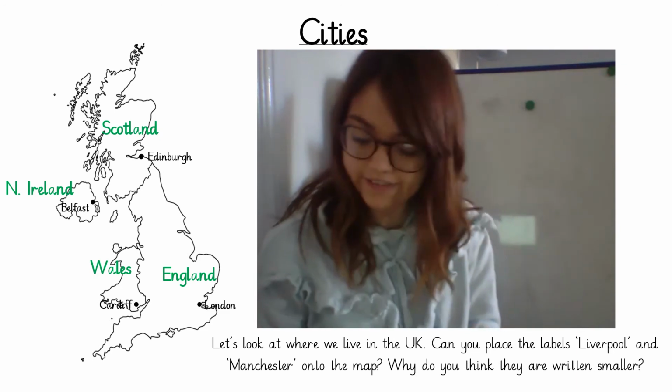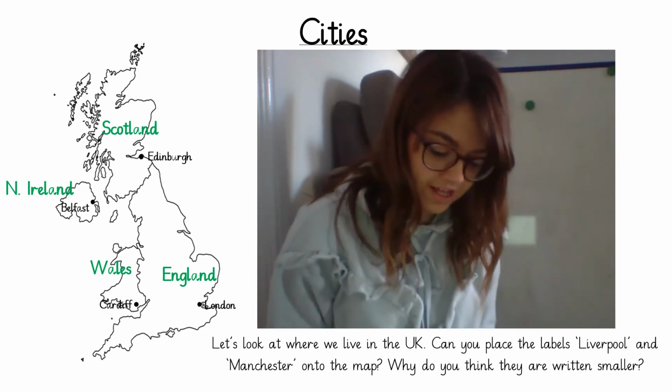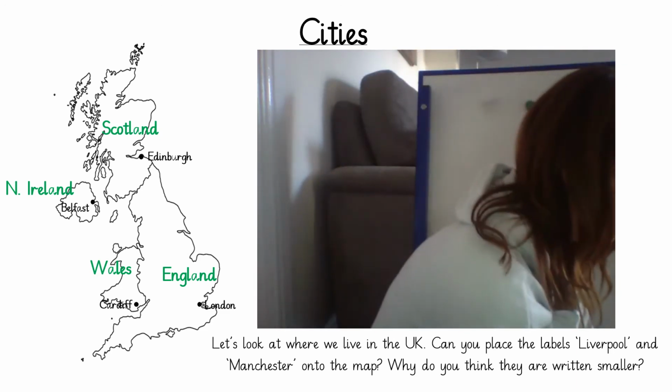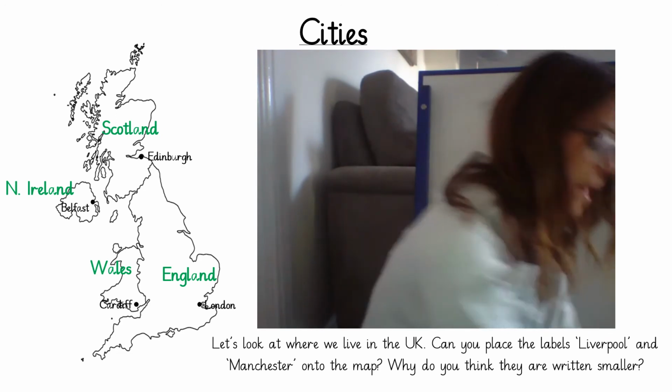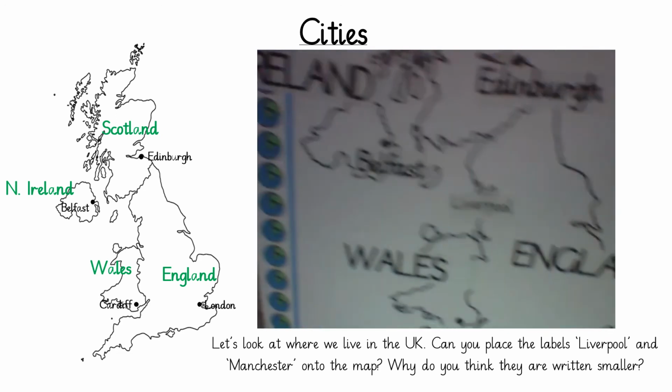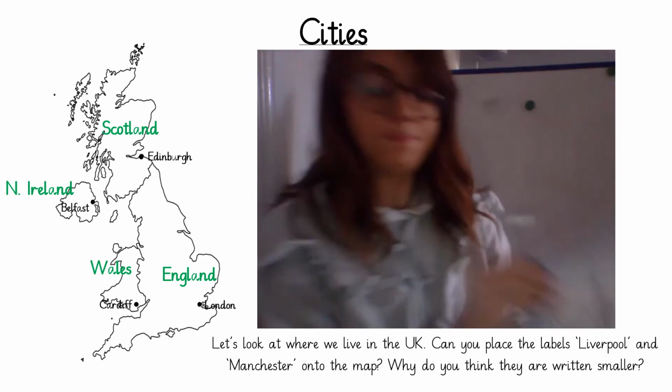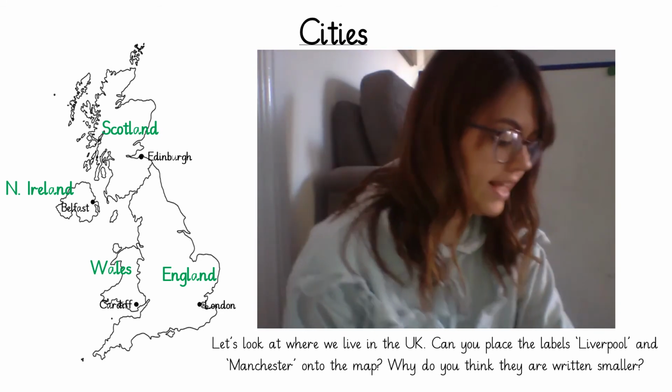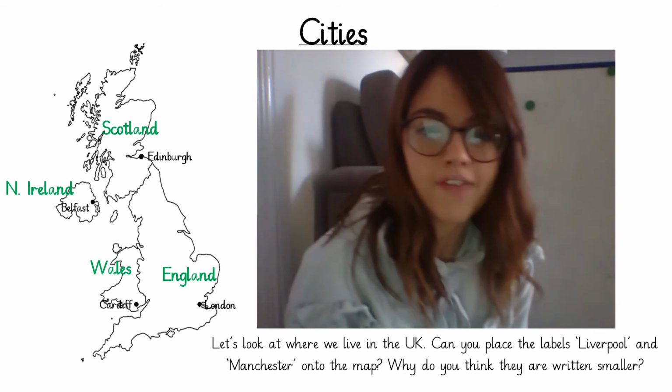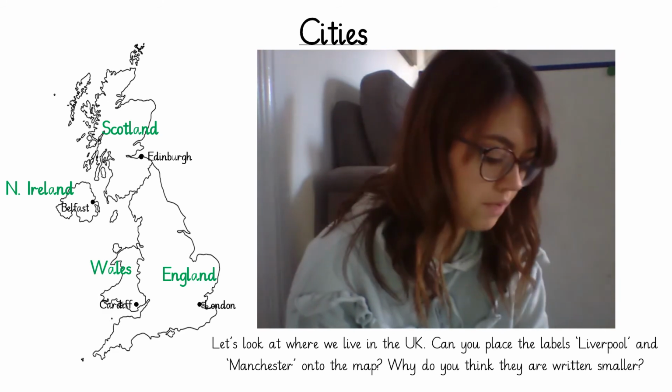Okay, so I'm going to put Liverpool just above that little jutting on the map there. Can you see? Liverpool. Okay, there is one other city that we are quite close to. See if you can work out what that other city is that we are quite close to.